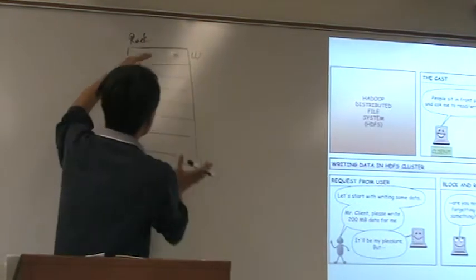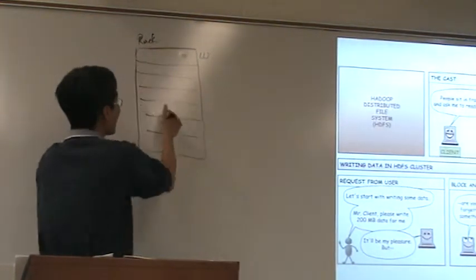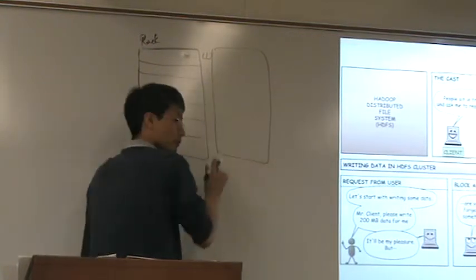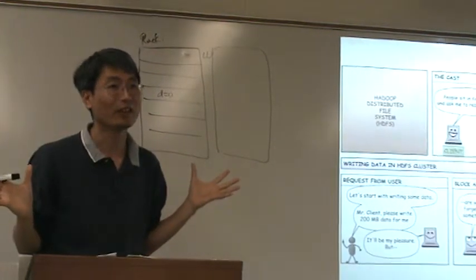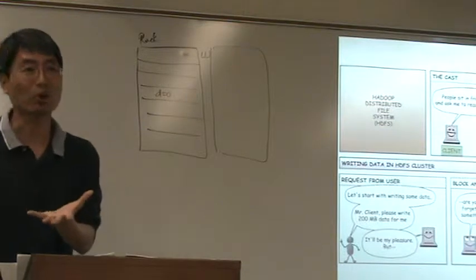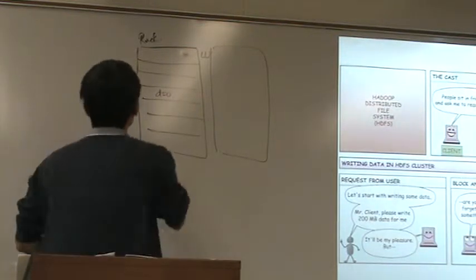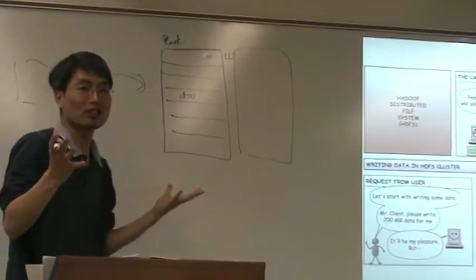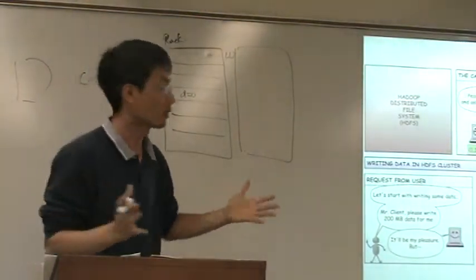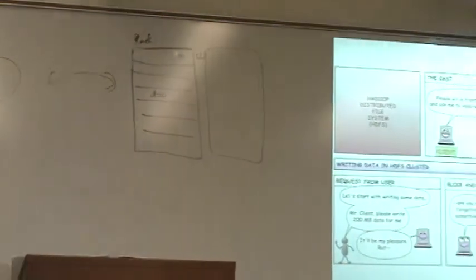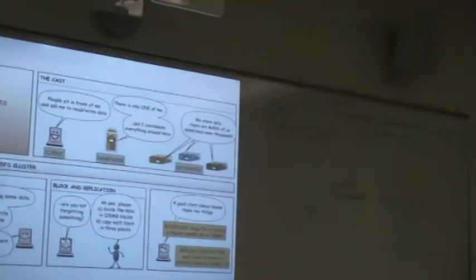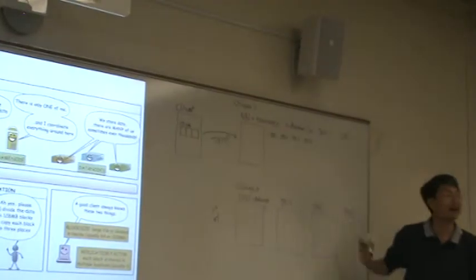Anyway, in the same rack, its distance is 0, and in the same site, the distance is longer and longer. If they are in physically different locations, the distance is 4, something like that. So they know which one is the closest one based on the distance from the name node.